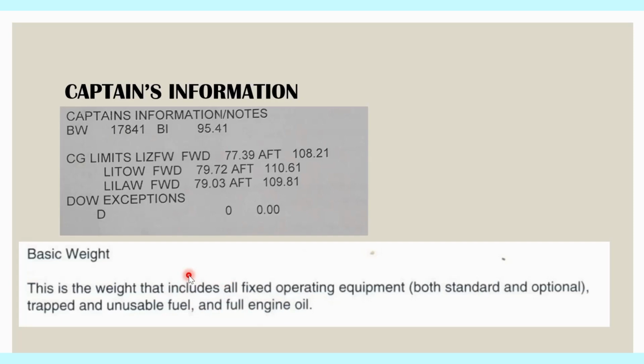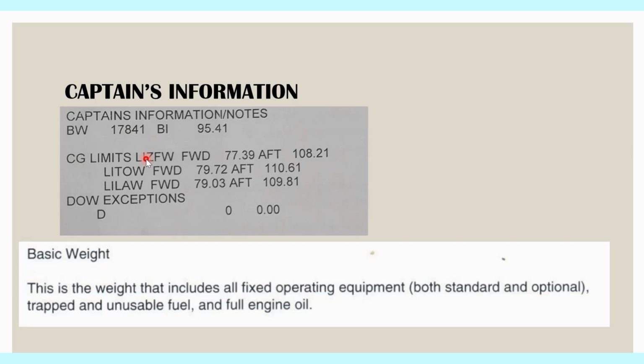That's basic weight. The basic index: a weight comes with an index, which is just a reference distance from a particular datum. And then we have here the center of gravity limits. Each weight must also have a limitation on its own center of gravity.